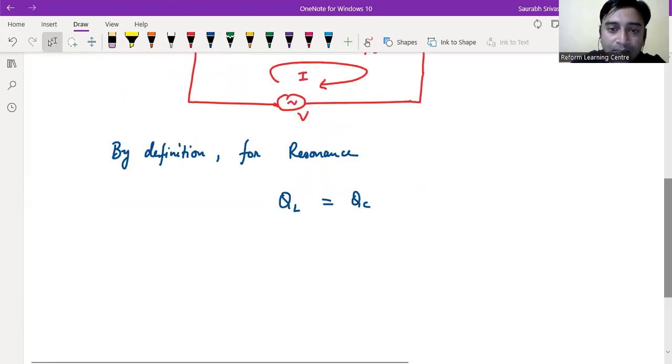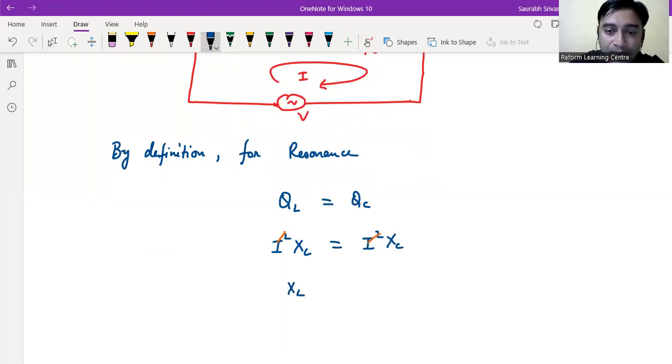And since current is same, QL can be written as I square XL and QC can be written as I square XC. Now, this I square cancels. For resonance, XL must be equal to XC. ये दोनों जब equal हो जाएगा, the circuit will be in resonance.